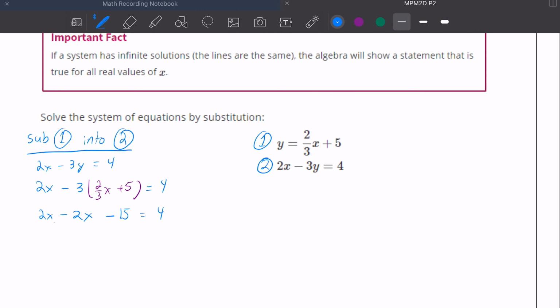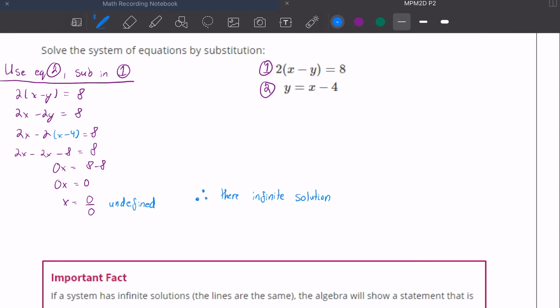Now remember, I told you guys to keep the 0. There's a reason for that. We're going to bring this 15 over. We got 4 plus 15. What we're going to notice is we get 0x equals 19. If we have 0x equals 19 or 0x equals something, but it's not a 0 over 0, this is the instant where we have no solutions.